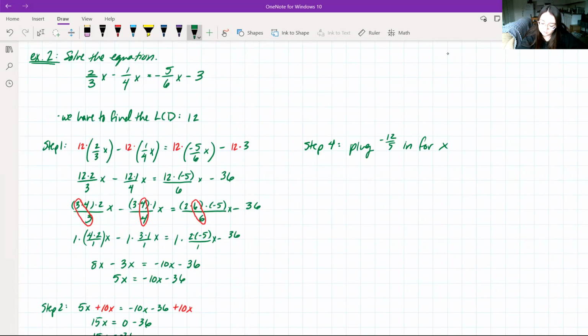So we have 2/3 times negative 12 over 5 minus 1/4 times negative 12 over 5. Oh yeah, no more x's. Negative 5 over 6 times negative 12 over 5 minus 3.